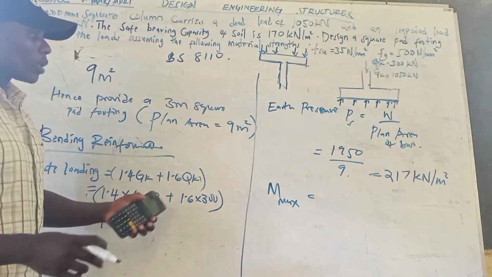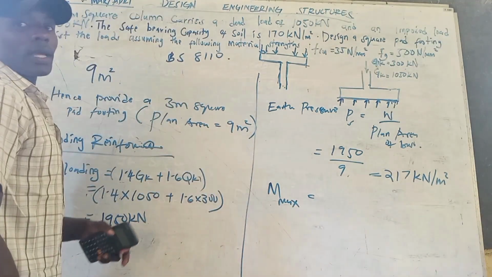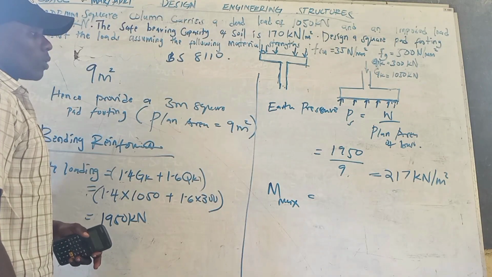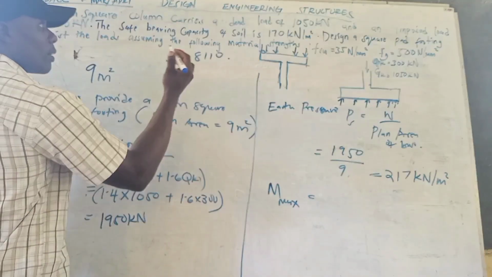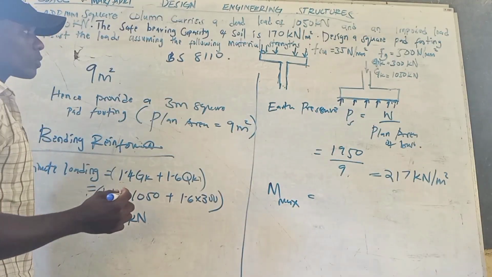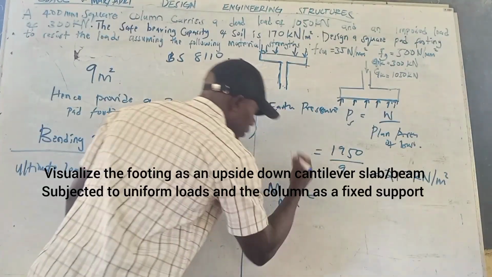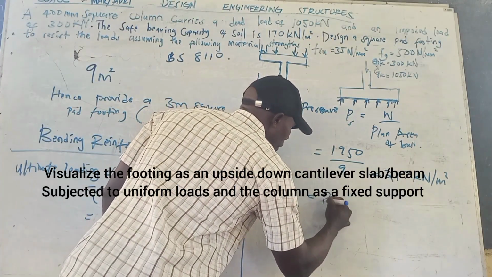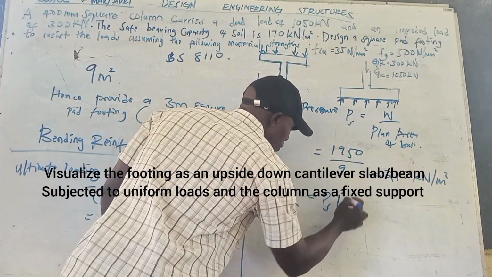So we're going to employ the formula for calculating bending moments on a cantilever slab, maybe beam. For this case, footing. We're going to say our PS, the soil pressure, times L squared over 2.